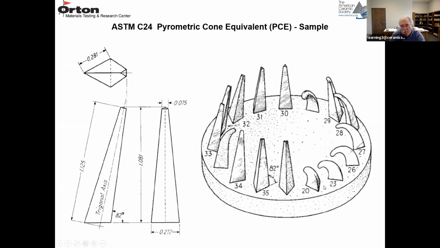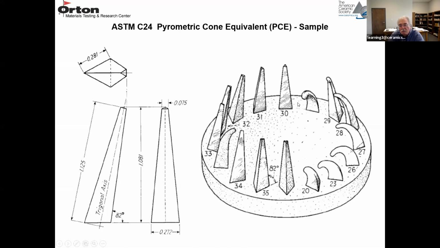And then you heat this whole thing up and you observe it as you heat it. So in this cone series, you have some known cones. This is like a 29, a 28, there's 27, 26, 23, 20. And then you have an unknown. Then you have some higher numbers, 34, 35, 33, I guess a 32, a 31, and a 30.